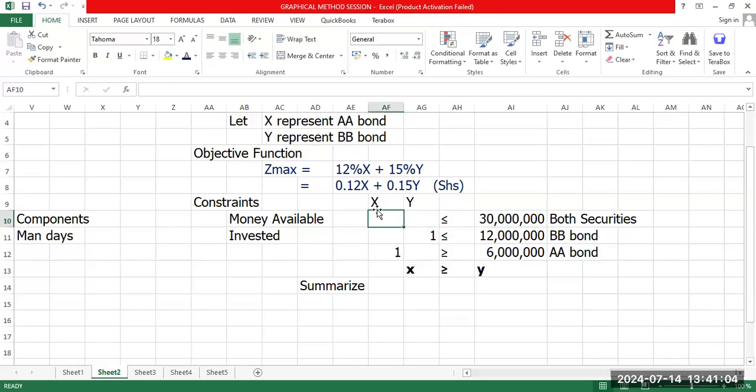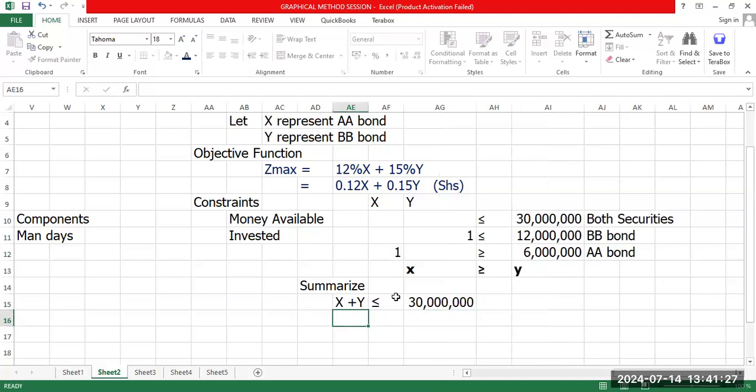It means that you are just going to get x, you add y, and now bring this x plus y, which should be less or equal to 30 million. Then also here, now here it is 0.